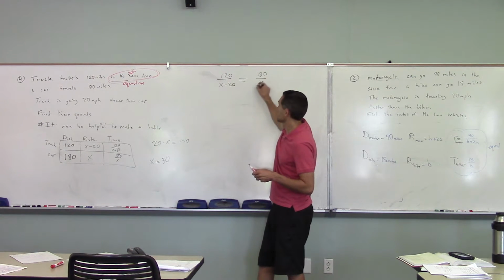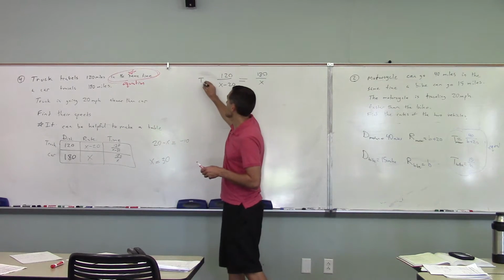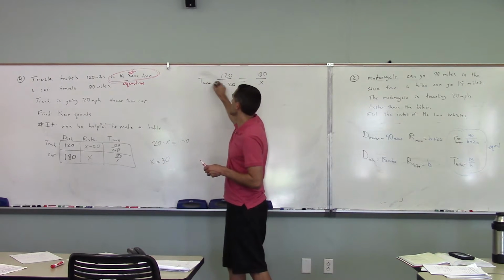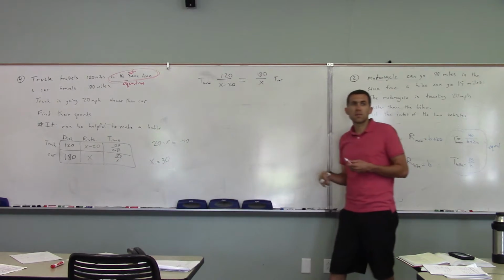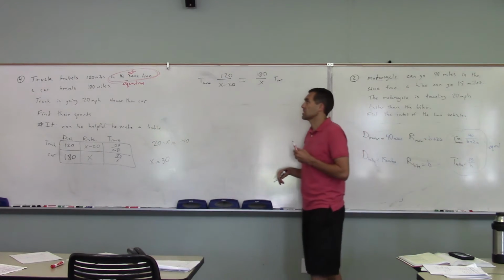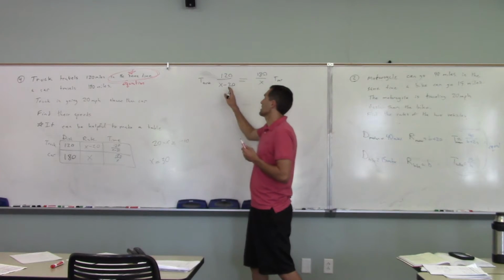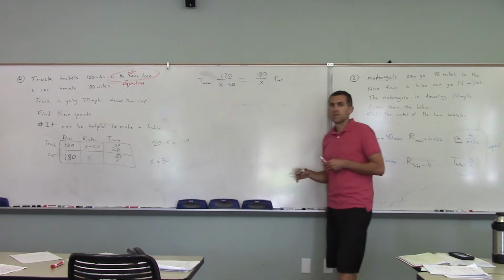So this is the time it took the truck, and that's equal to the time it took the car, right? And that's the big idea, is we know they happen in the same amount of time, so that's how I can say this equals this.